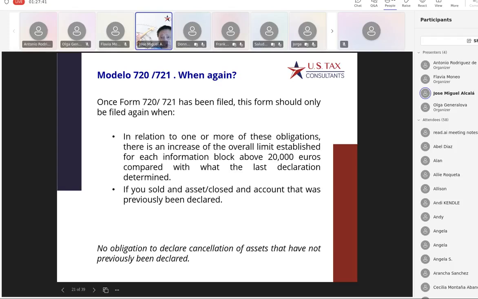If we're talking about brokerage accounts, for example, we may have a lot of holdings inside, and just because we sell one share in one of the holdings, this will make us have to file all the assets again. So this is something important that we have to keep in mind.